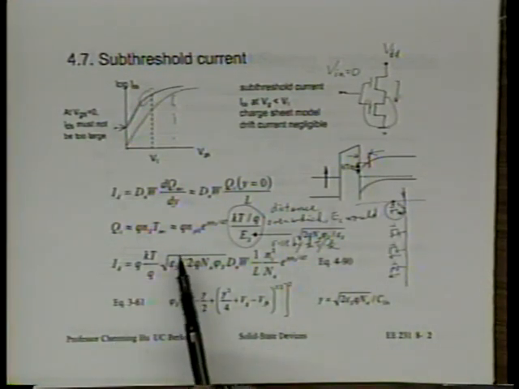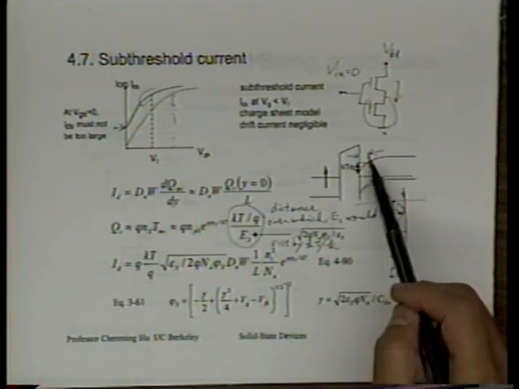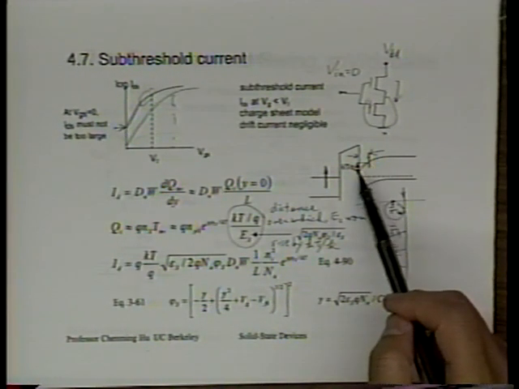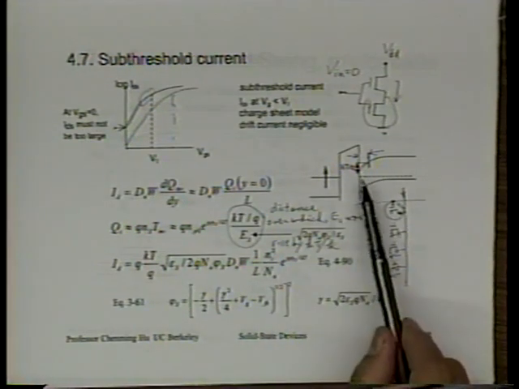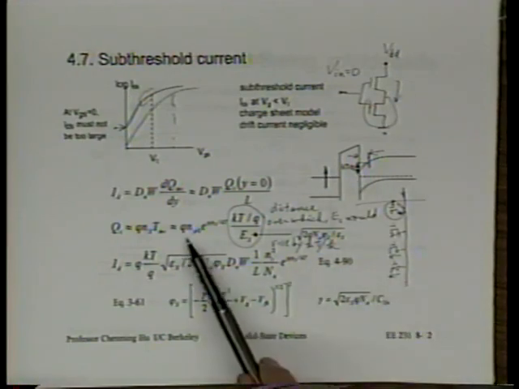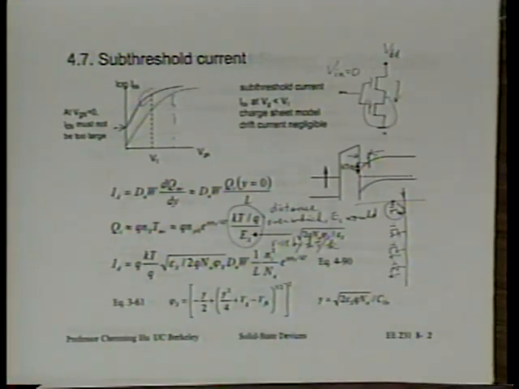This is because when we get to this point, the electron concentration is no longer equal to NS, but rather NS divided by a factor of 2.3, is that right? Yes? So it's kind of an average thickness. Even within this distance, the electron concentration is no longer uniform at NS, right? It's decreasing. So roughly. Okay?